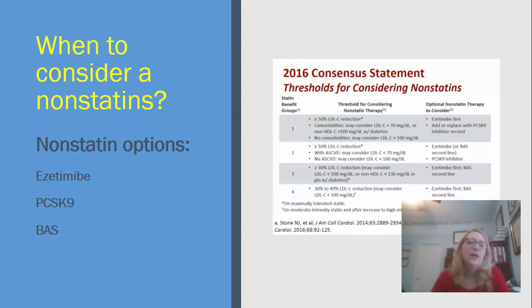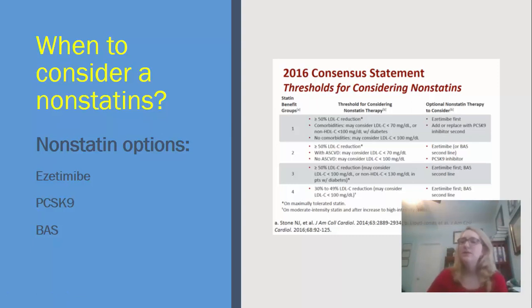When to consider a non-statin. Okay, non-statin options: ezetimibe, PCSK9 inhibitors, bile acid sequestrants, those are all options. And then there's the consensus statement on this.